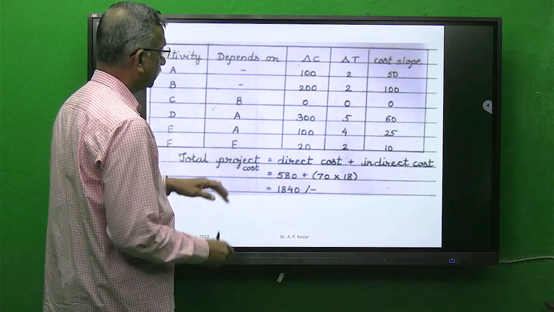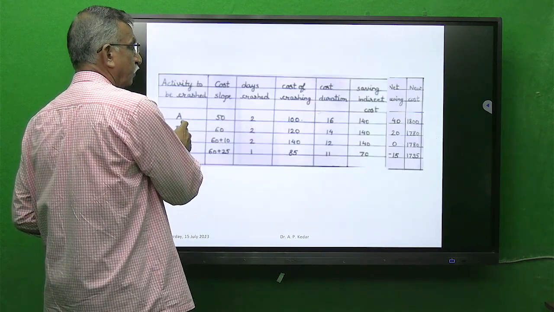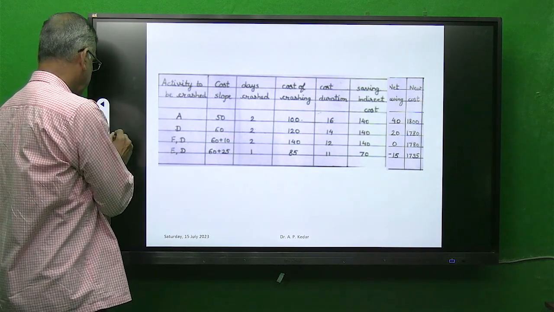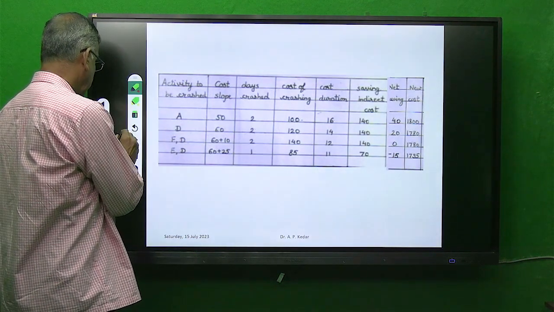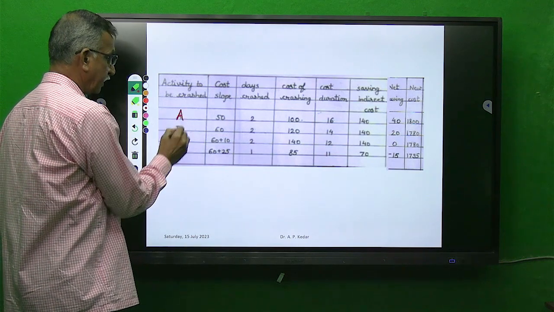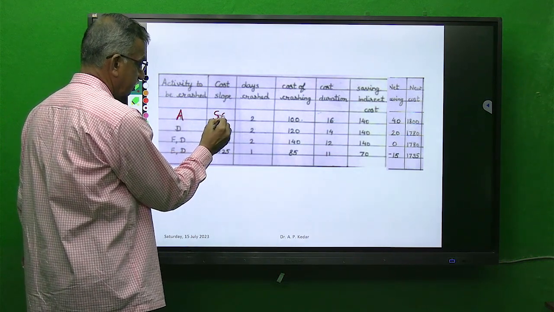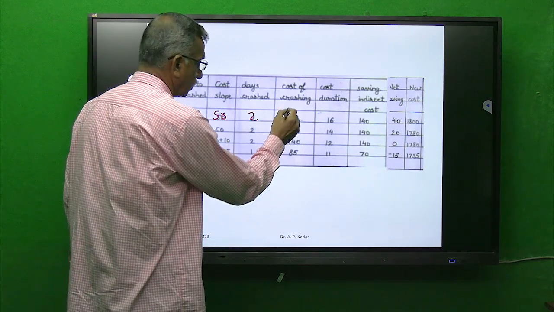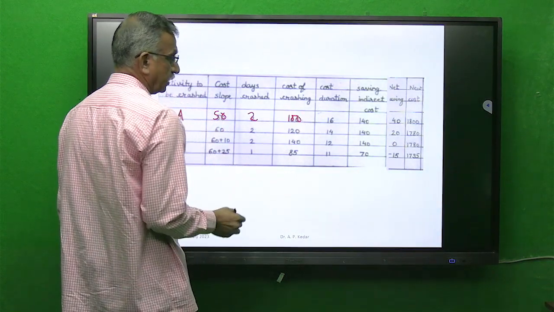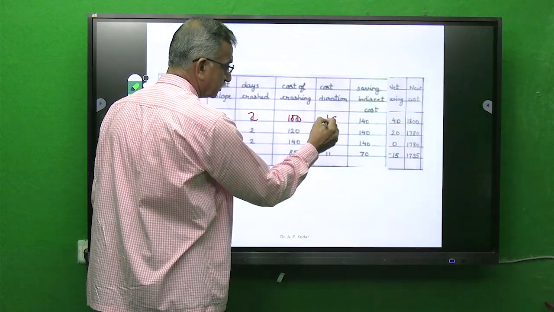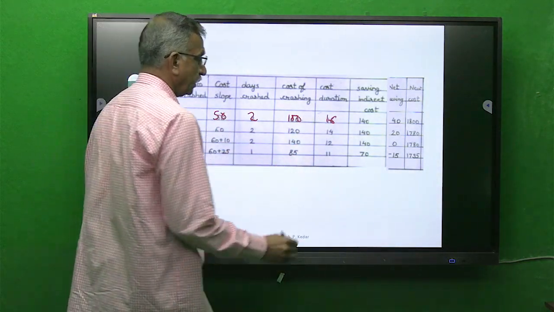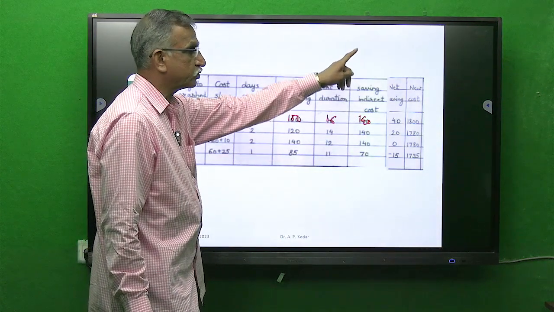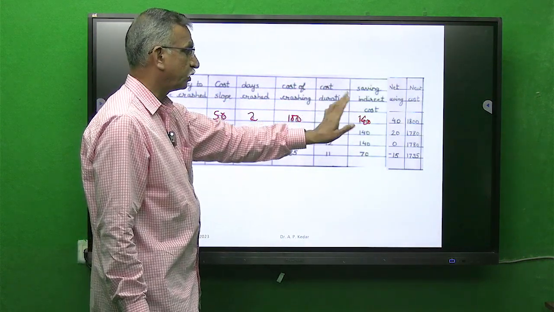So here simultaneously you have to make a table of the activity to be crashed. Here I have crashed activity A, for which cost slope is 50, duration crashed was 2, cost of crashing was 100, 18 minus 2 gives me 16, and for 2 days saving in indirect cost is 140 because 70 per day, 70 into 2 is 140.